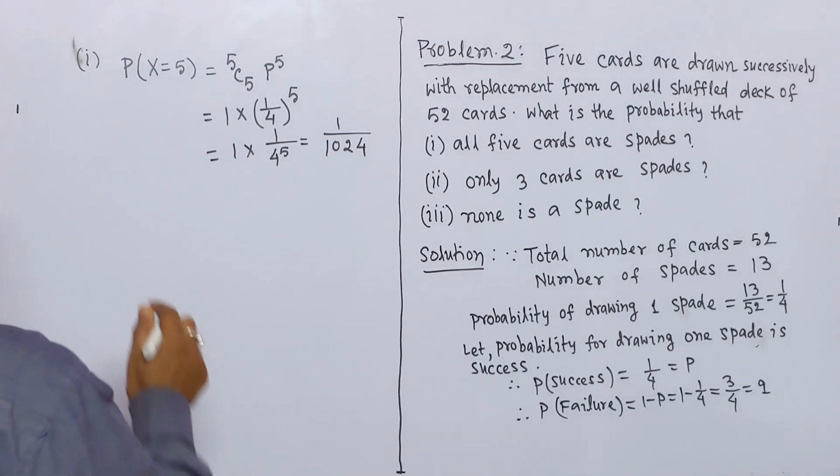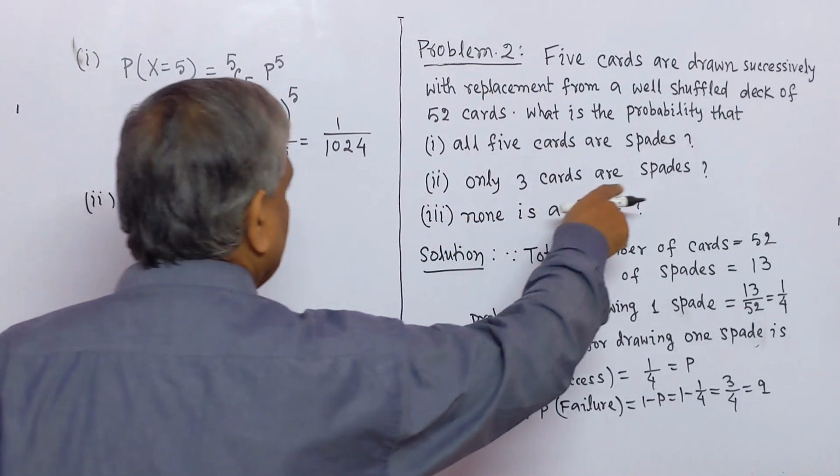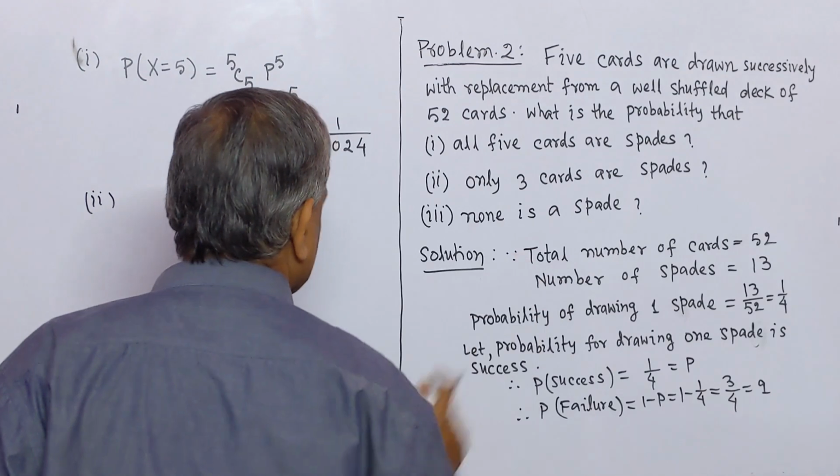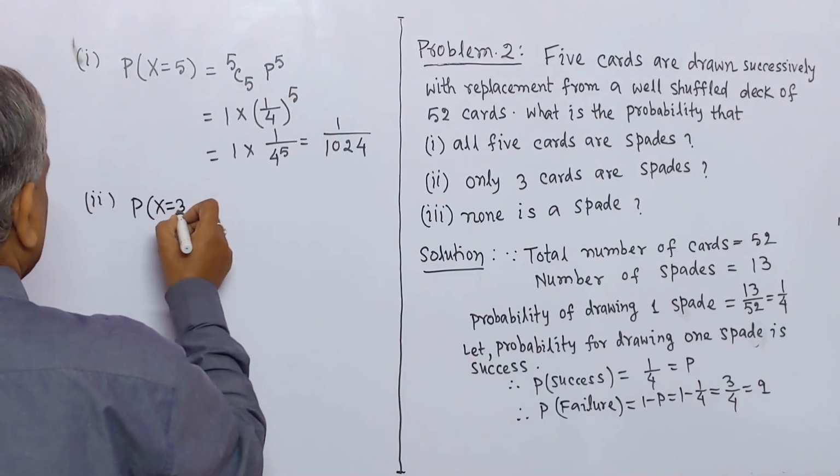Now, number 2. Only 3 cards are spades, 3 successes. So, probability for x equal to 3.